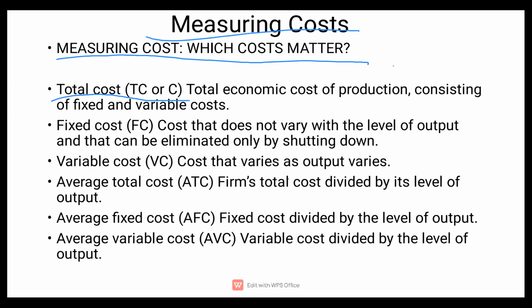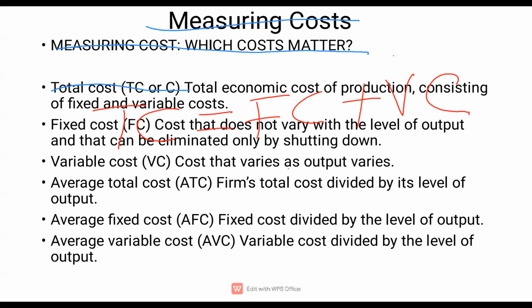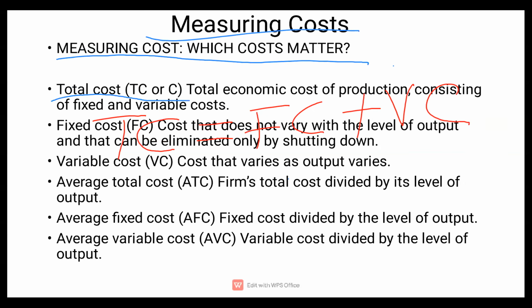We explain this in detail. This is very crucial now. Total cost of production is basically fixed cost plus what? Variable costs. Fixed cost plus the variable cost forms what you call the total economic cost.